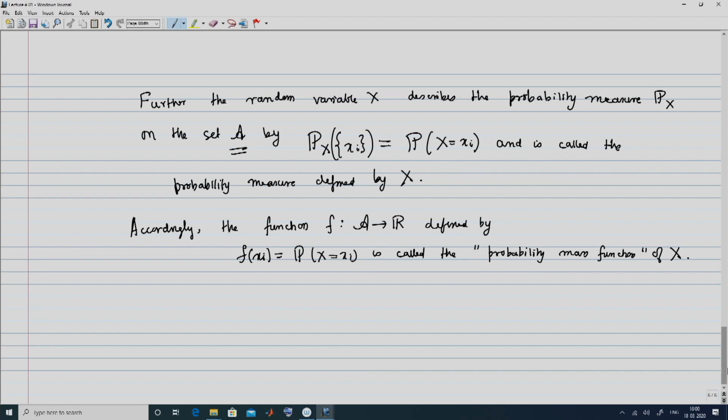So, here we specify that it is the probability mass function for the random variable x. So, accordingly, we now have a definition.